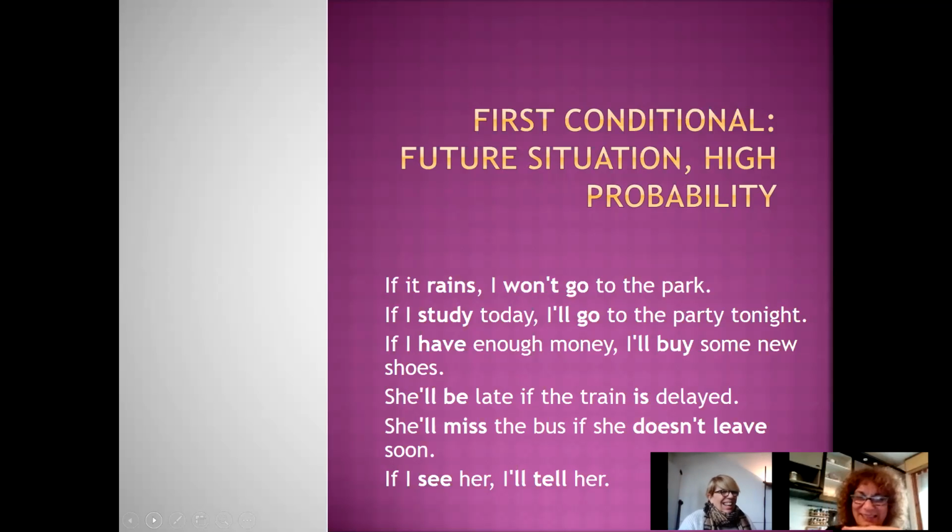Very long way. Okay, so the first conditional, that is the most common conditional. We have a future situation with high probability, because we have evidence that something is going to happen, not very soon, but in the future.